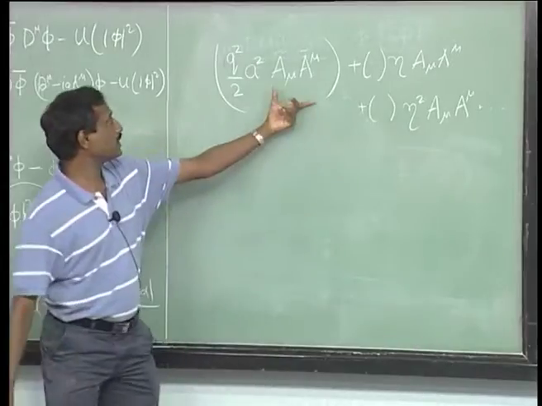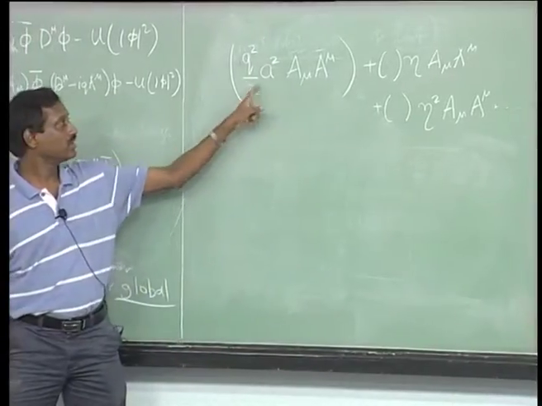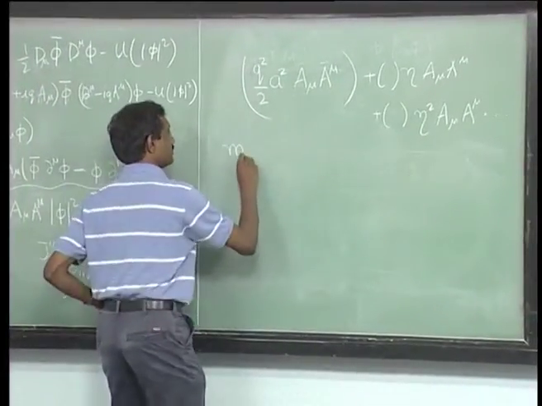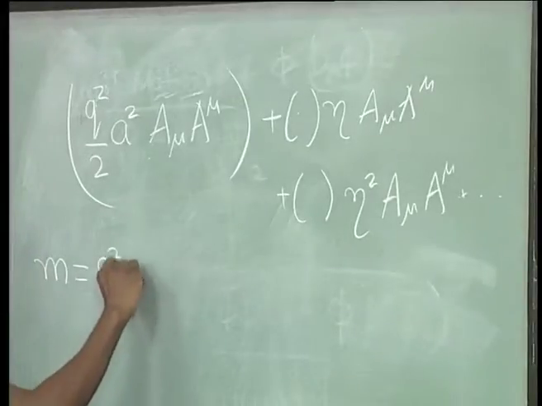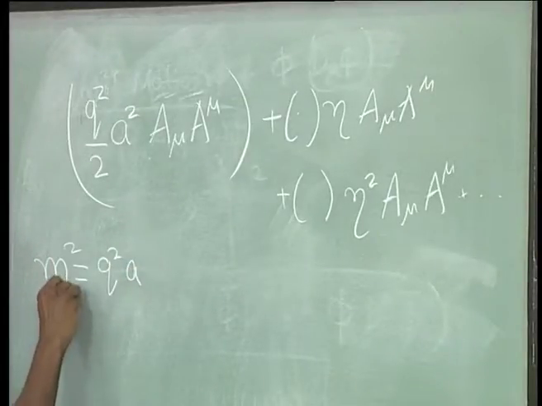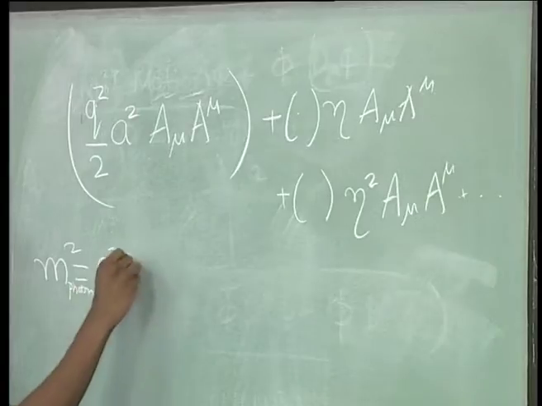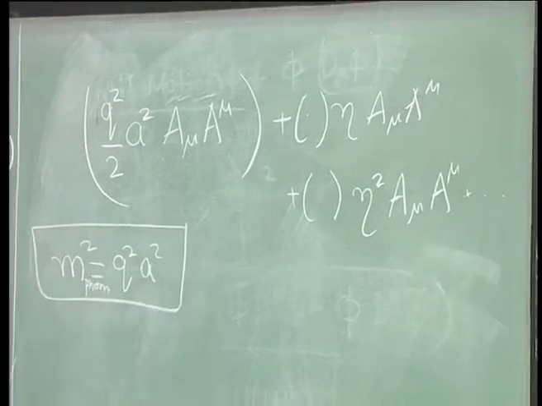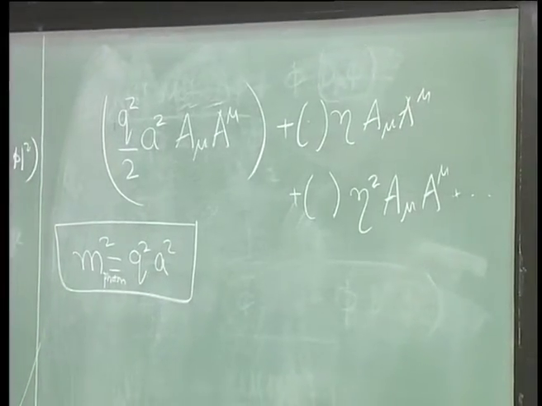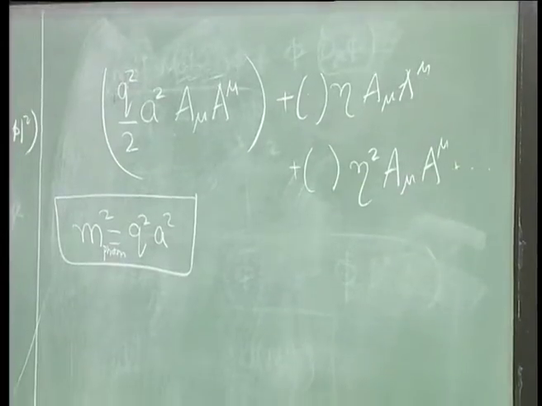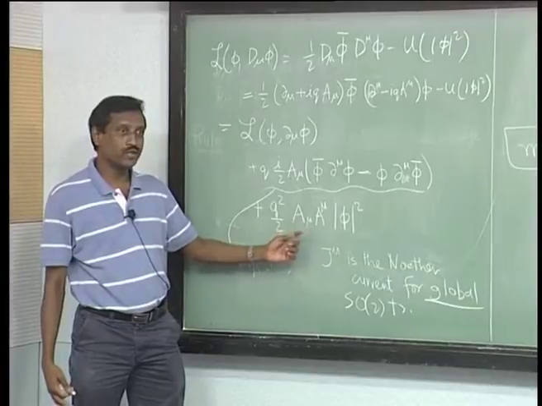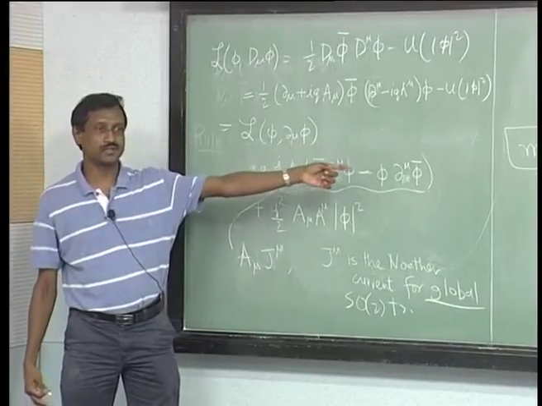Okay. So, if you look at the quadratic piece, which is this guy, you can see that there is a mass term. Okay. So, it tells you that in this background the lower energy fluctuations of a photon are as if it has a mass.